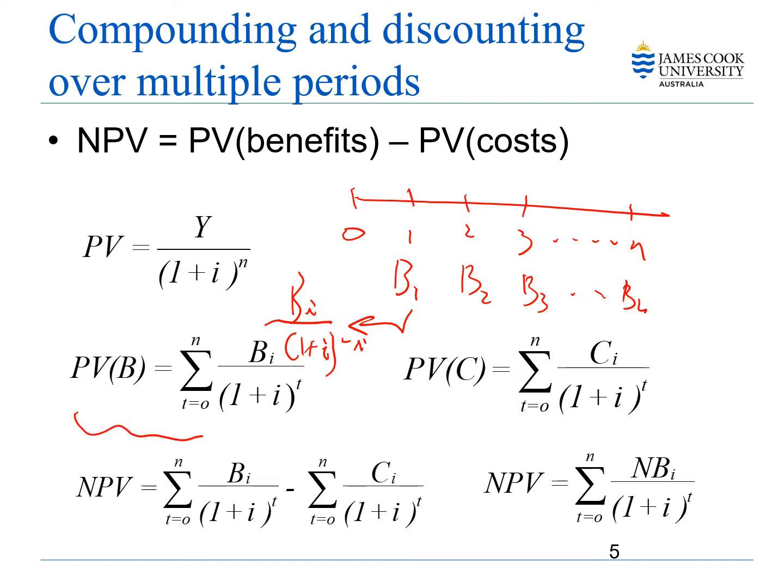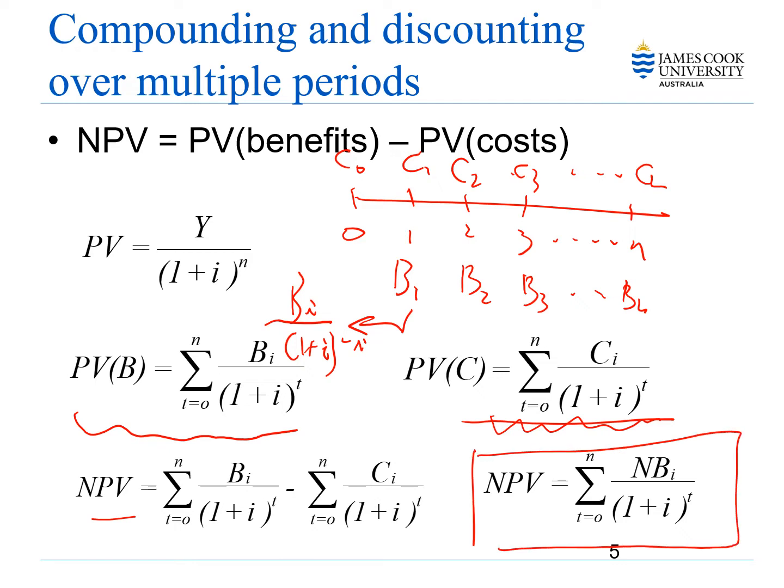So the present value of benefit is this. Similarly, if we also have costs C0, C1, C2, C3, so on and so forth, Cn, then the present value of this cost can be calculated as this. And the NPV is just the difference of the present value of benefits and the present value of costs. Alternatively, we can calculate net benefit for each period and then discount it back.